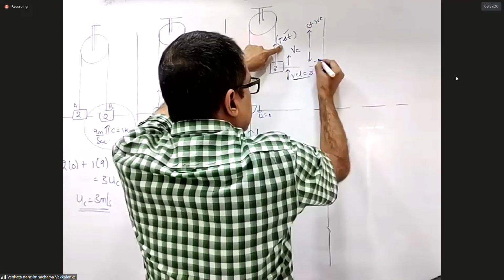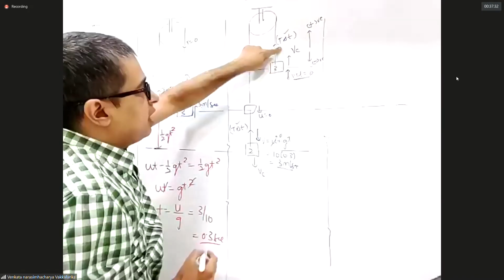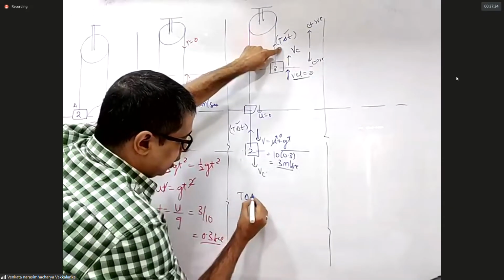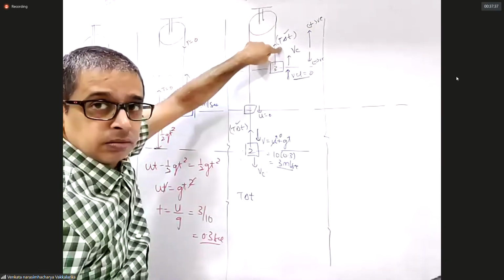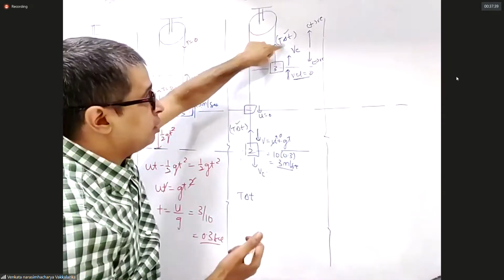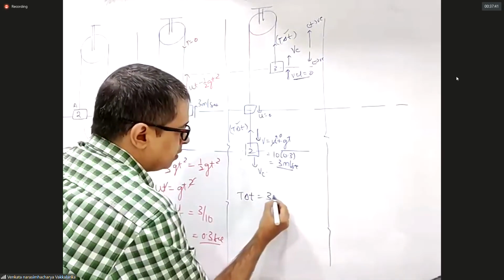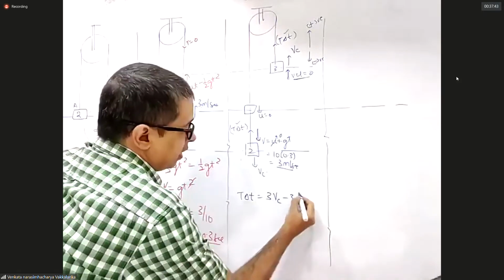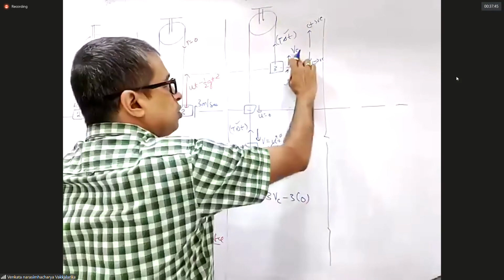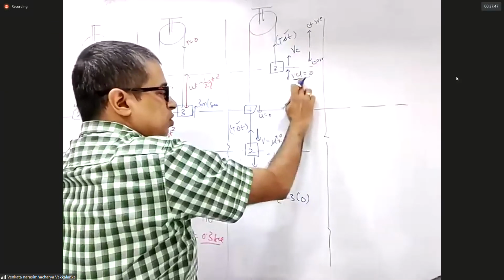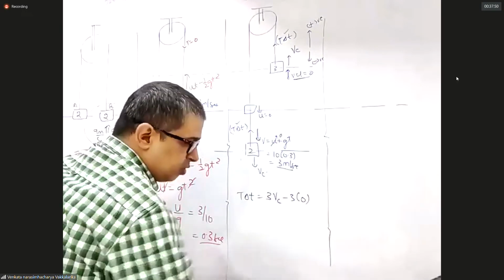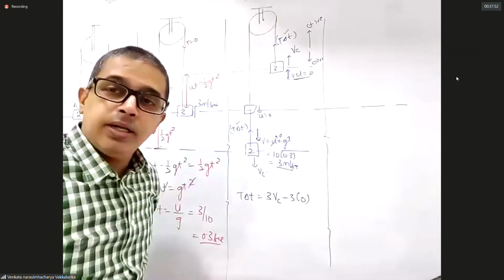Everything in the downward direction is negative. T delta T is in which direction? Upward. Right? 3 into V common minus 3 into 0. 3 into V common is upwards. 3 into 0. This is my first equation.